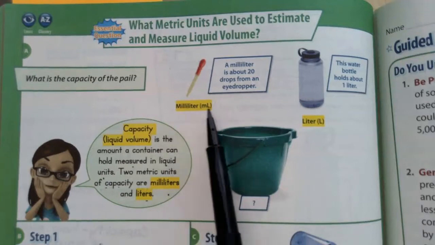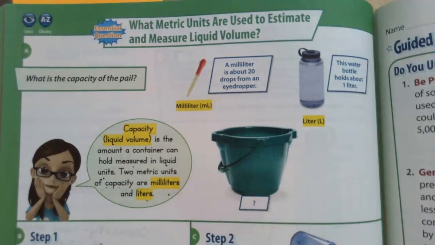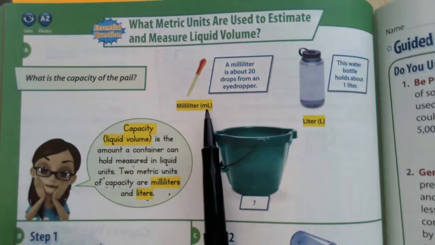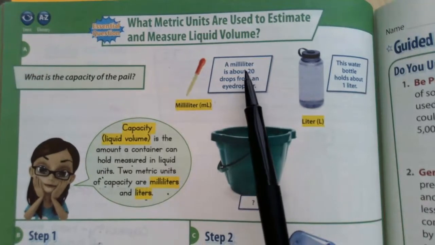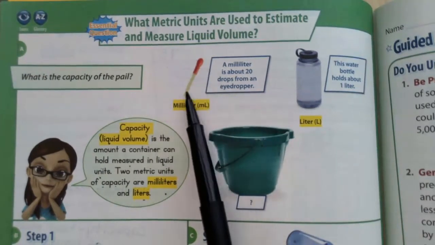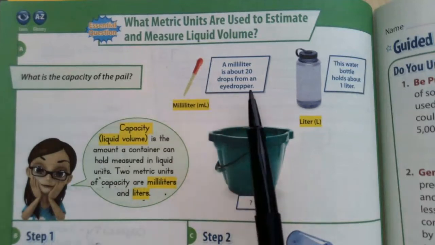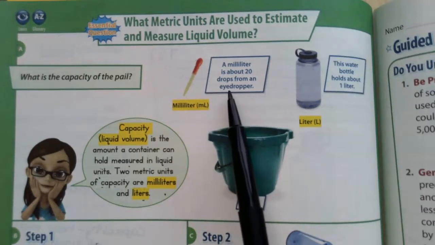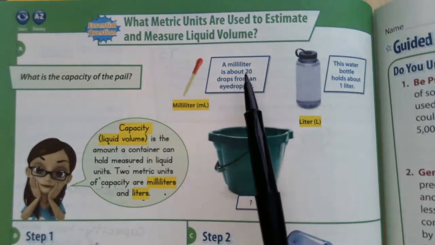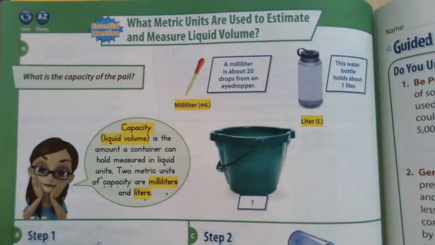Today we're going to be looking at these two, milliliters and liters. Now, to think about how much a milliliter is, I want you to think about an eyedropper, like that maybe you get some water to put in your eye. About 20 of those drops is a milliliter.